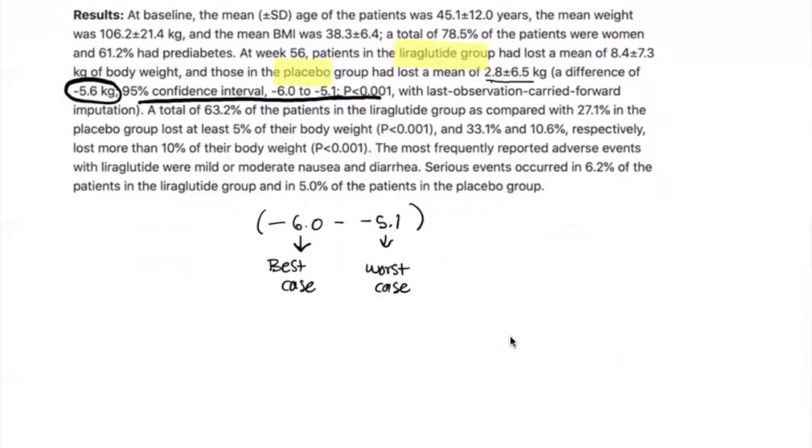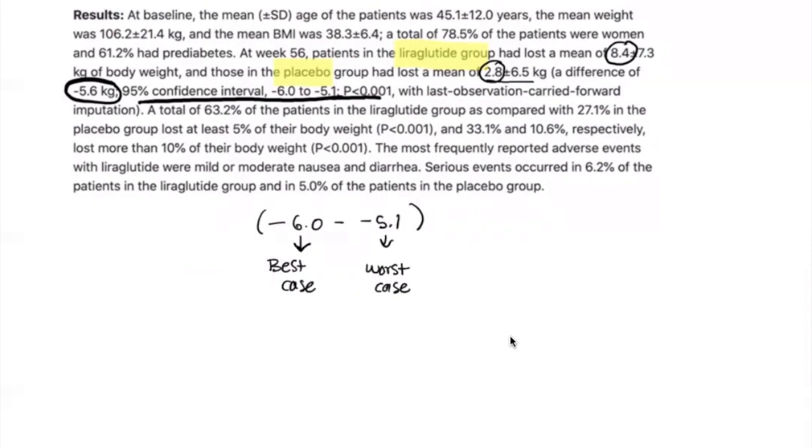And the reason for that is that ideally we want a larger difference between the liraglutide group and placebo group. So we see here that on average, patients in the liraglutide group lost 8.4 kilograms compared to the placebo group where they only lost 2.8 kilograms. This other number shown here is actually the standard deviation, and we would be using that in later videos when we talk about effect size.